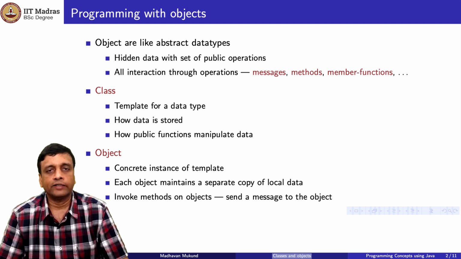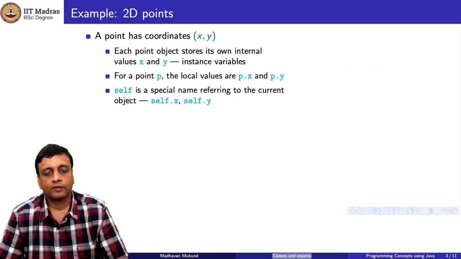We tell this event simulate yourself, or this graphical object draw yourself. So we invoke functions in the context of an object. We don't pass data to functions. We call an object and ask it to execute a function on itself. This is sometimes called sending a message to an object.